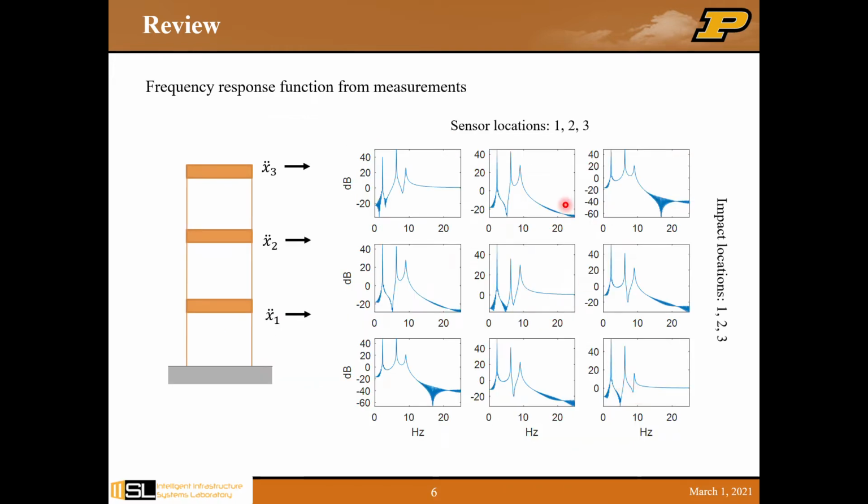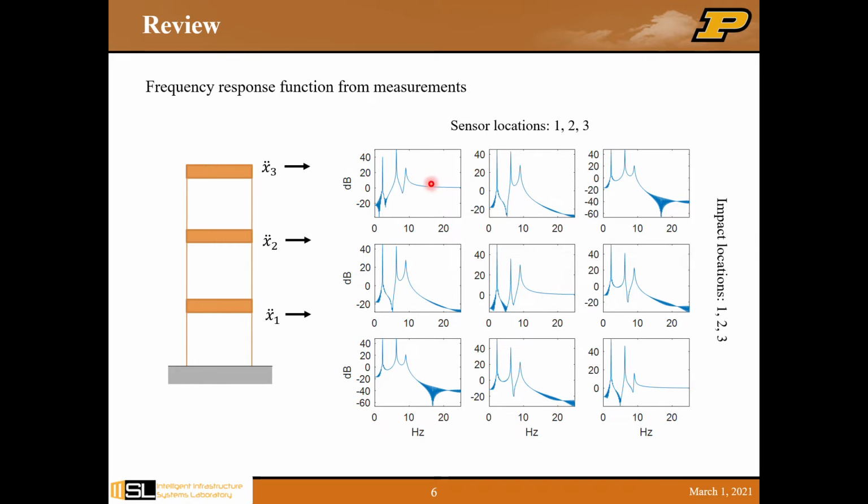So once we have the measurements from both the output and the force, then we can obtain the frequency response function. That is actually one of the fundamental equations or information that we will process in modal analysis. Okay. So the figure shown on the right-hand side is the matrix of the FRF plots. Okay.